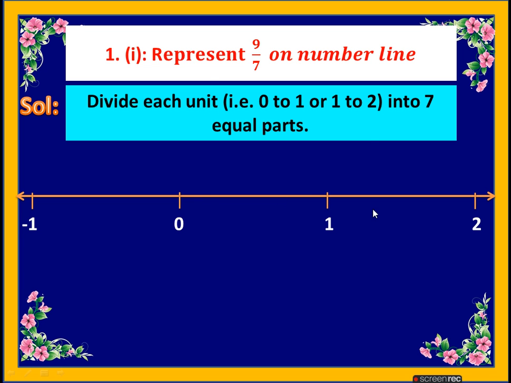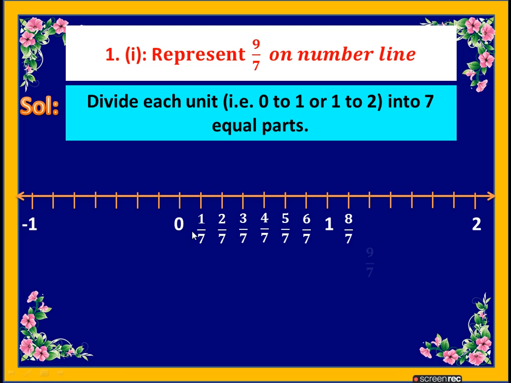Divide each unit into 7 equal parts, because we want 9 by 7. So 1, 2, 3, 4, 5, 6, 7 equal parts.